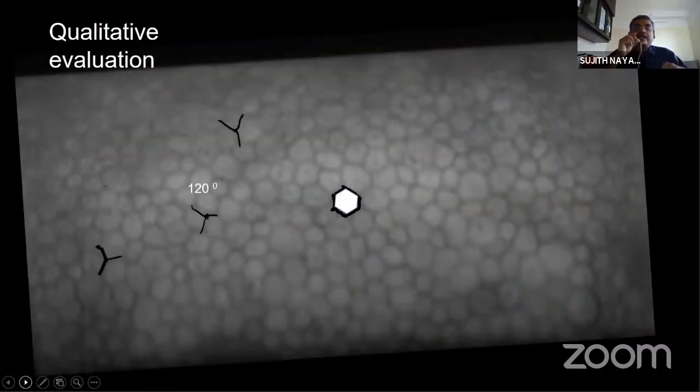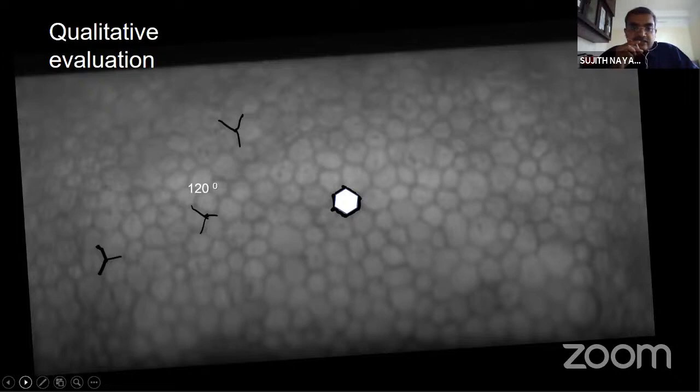So whatever we have described so far are the quantitative data that is provided by the machine. But the qualitative data, the machine doesn't give you much. The clinician or the technician should be experienced in picking out certain qualitative data.